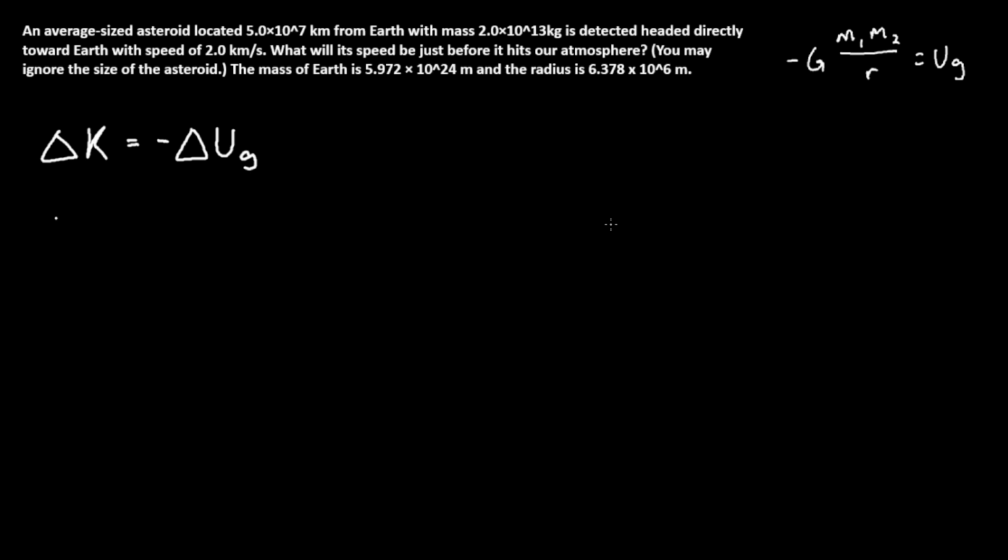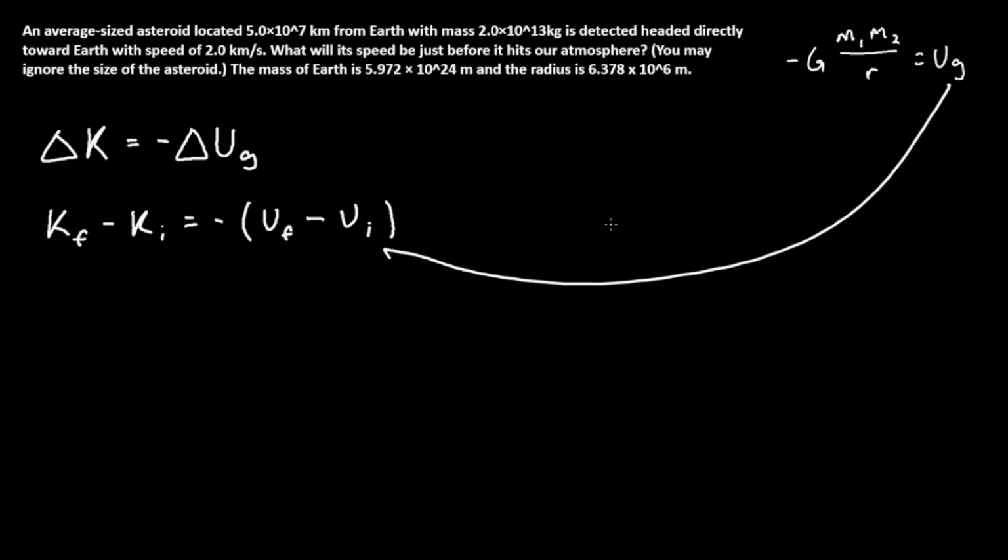If we set this up fully and keep expanding, change in kinetic energy is equal to the final kinetic energy minus the initial kinetic energy. And your change in gravitational potential energy is the final gravitational potential energy minus the initial. We can substitute in the formulas for kinetic energy, 1/2 mv squared, and gravitational potential energy here.